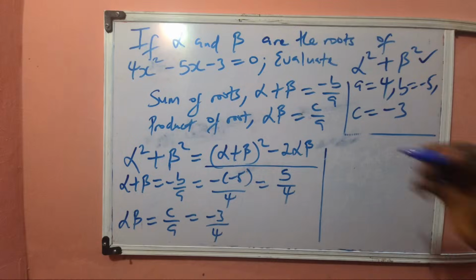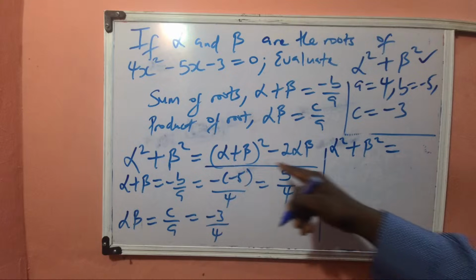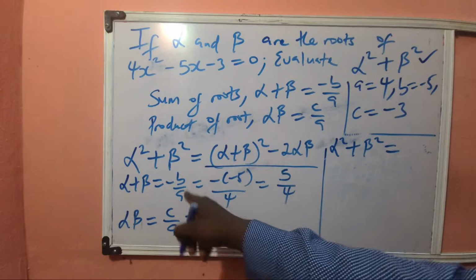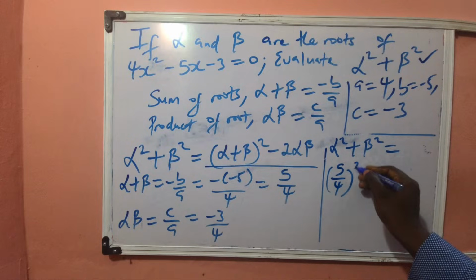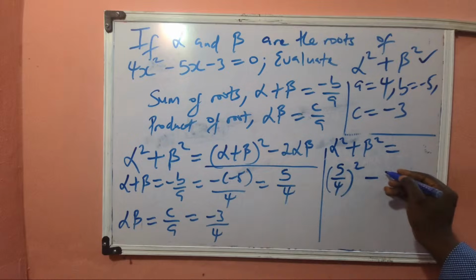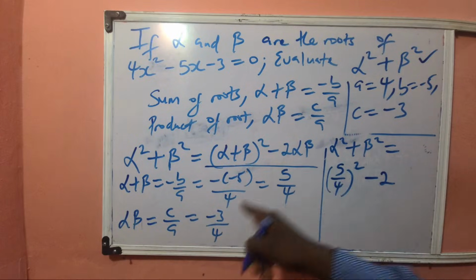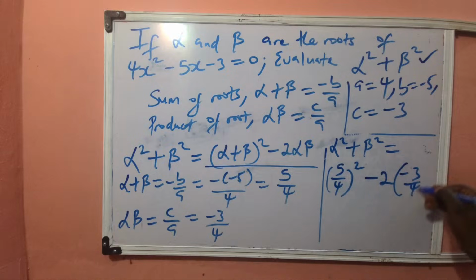So let's do that quickly. Alpha square plus beta square will be equal to, this is alpha plus beta, which was 5 over 4, so 5 over 4 all square, minus 2 alpha beta, which was minus 3 over 4.